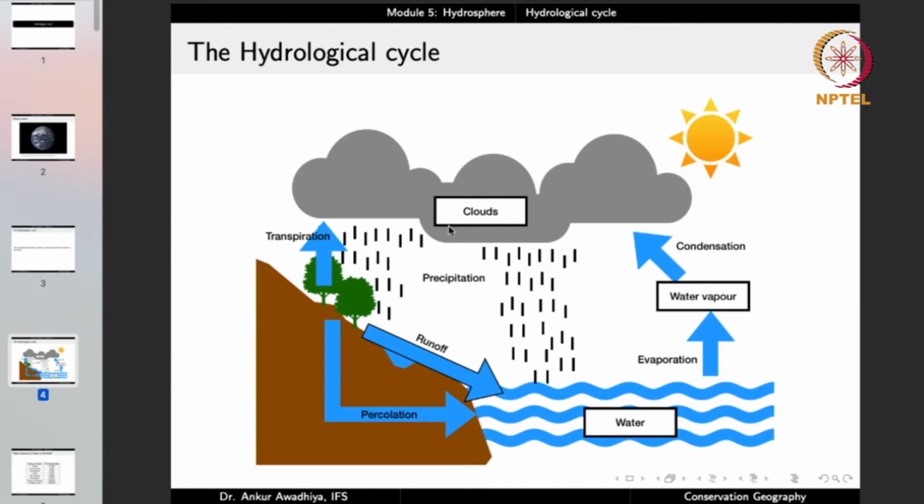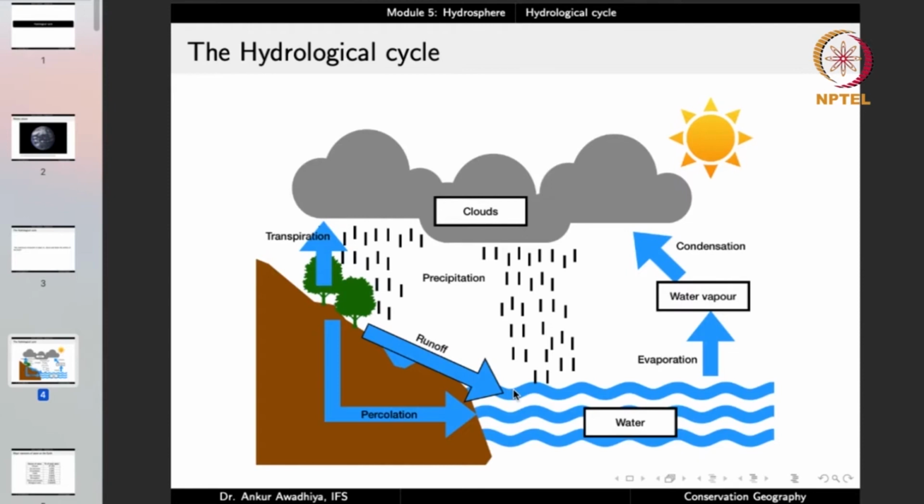The clouds can also move with the winds, and later on, when the water droplets in the clouds coalesce together, they increase in size, they become too heavy to remain suspended, and they come down as precipitation, that is rain.